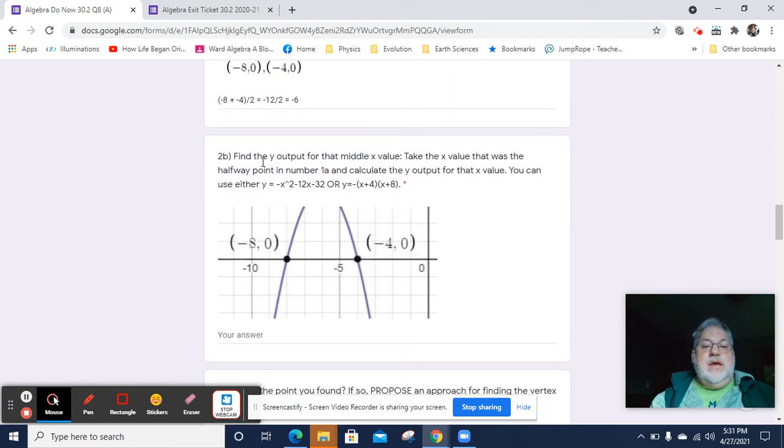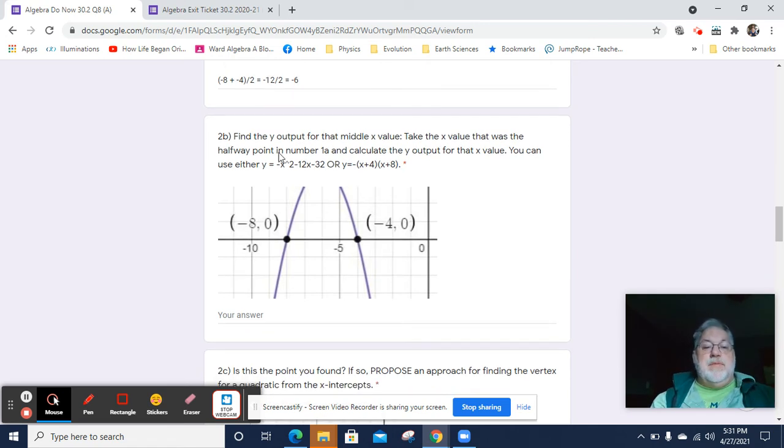So we're going to take that negative 6 and plug it into one of these equations to find out the output for that middle point. Negative 6 is here, and the output is somewhere up here. I've left it off the screen for you to discover it. This time I'll use this version: negative x squared minus 12x minus 32.